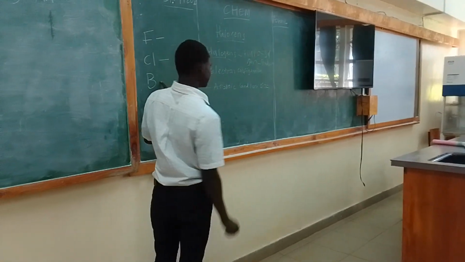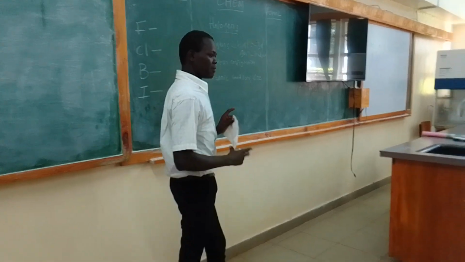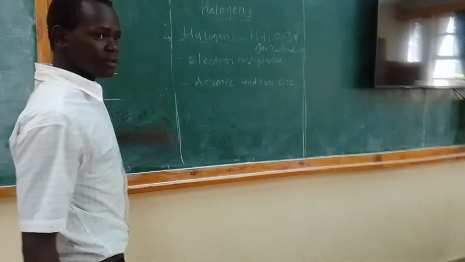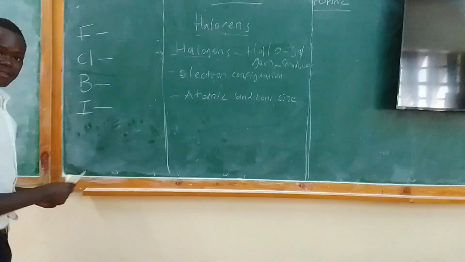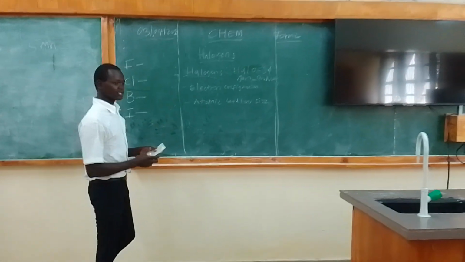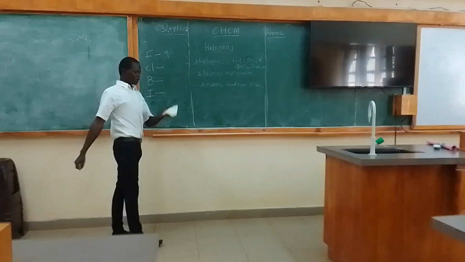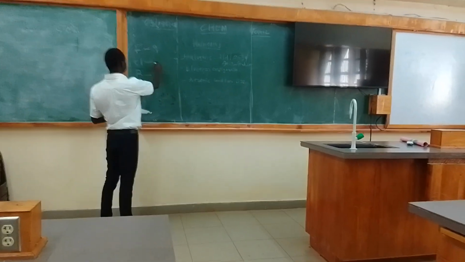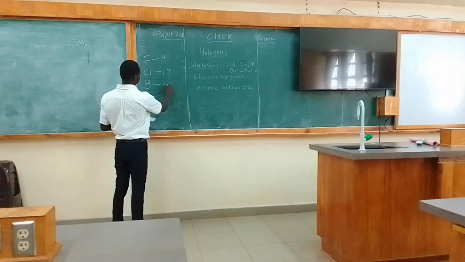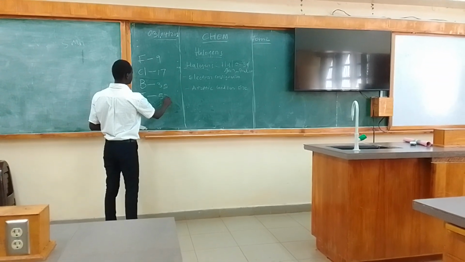We have bromine and iodine. But in your high school level, mostly you will be concentrating on these two. Are we together? Now, the atomic numbers for these halogens: fluorine is atomic number 9, chlorine is atomic number 17, bromine is atomic number 35, and iodine is atomic number 53.